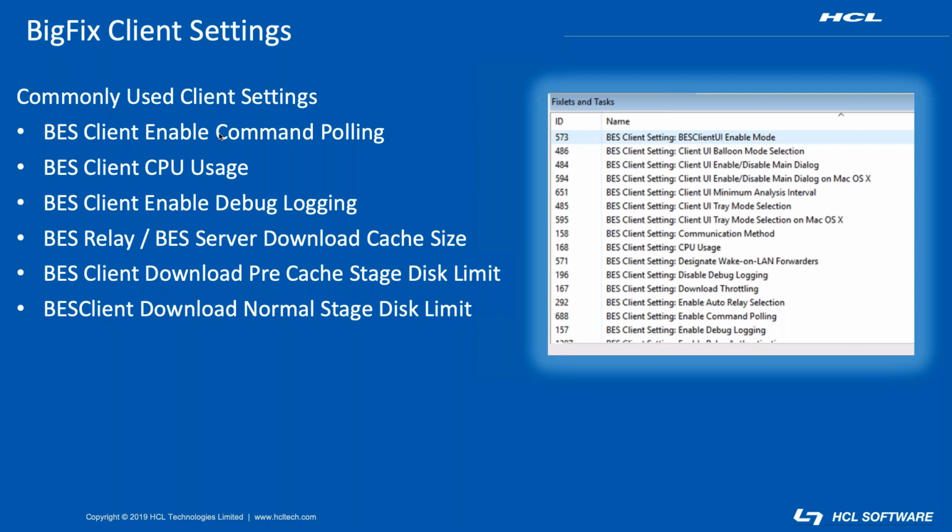Last on the list, we have BES client download normal stage disk limit. This setting stops normal stage downloading if the client is already using this much normal stage download disk space. Again, actions marked for normal downloads will report constrained if the total space used for downloads exceeds this limit.